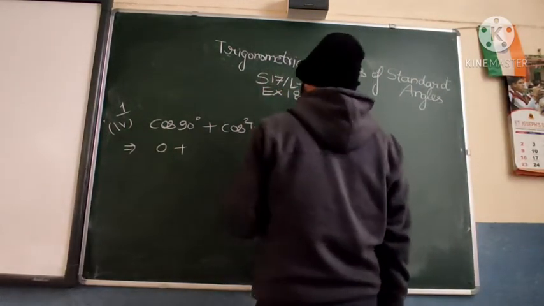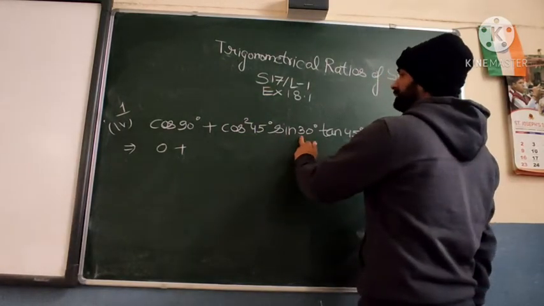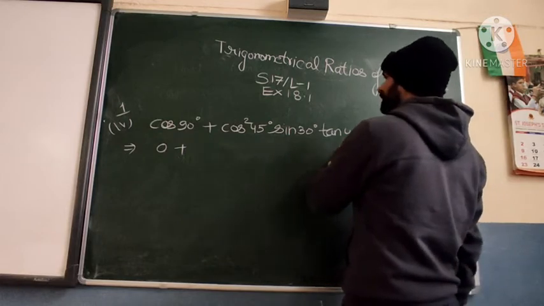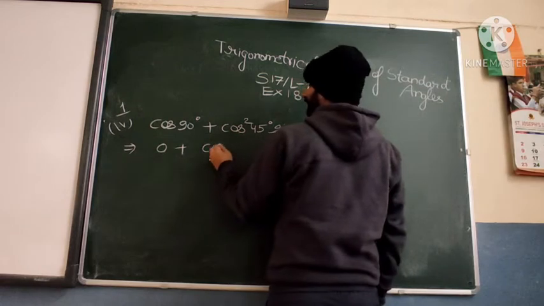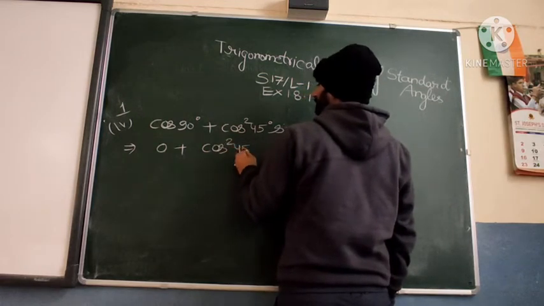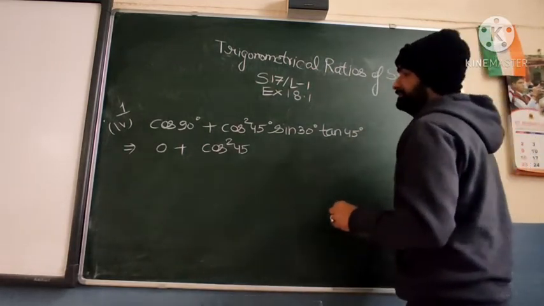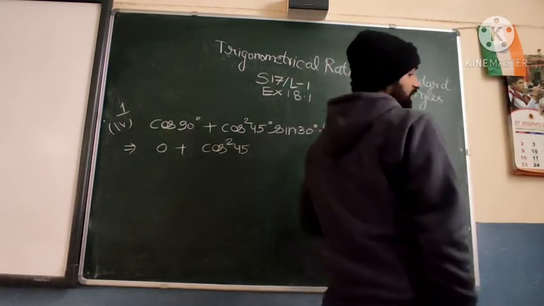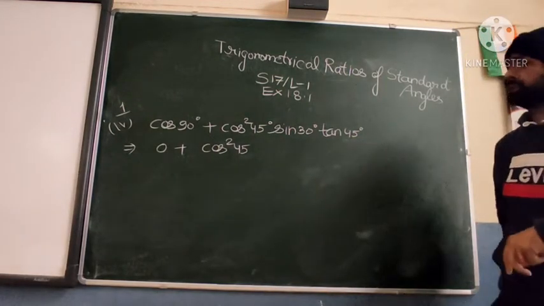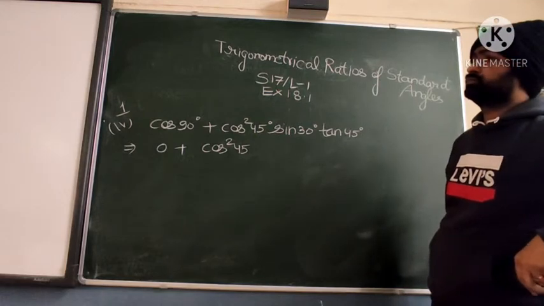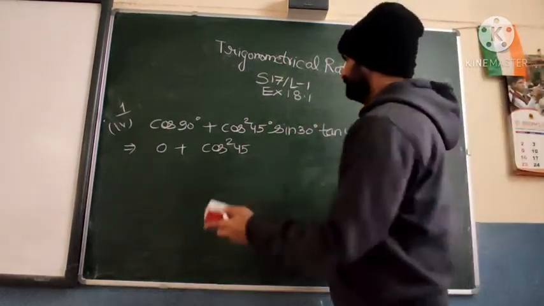Then cos square 45 degree and tan 45. Now see, what is the value of cos theta here? Cos 45 is how much? 1 by root 2. So let's put that value.